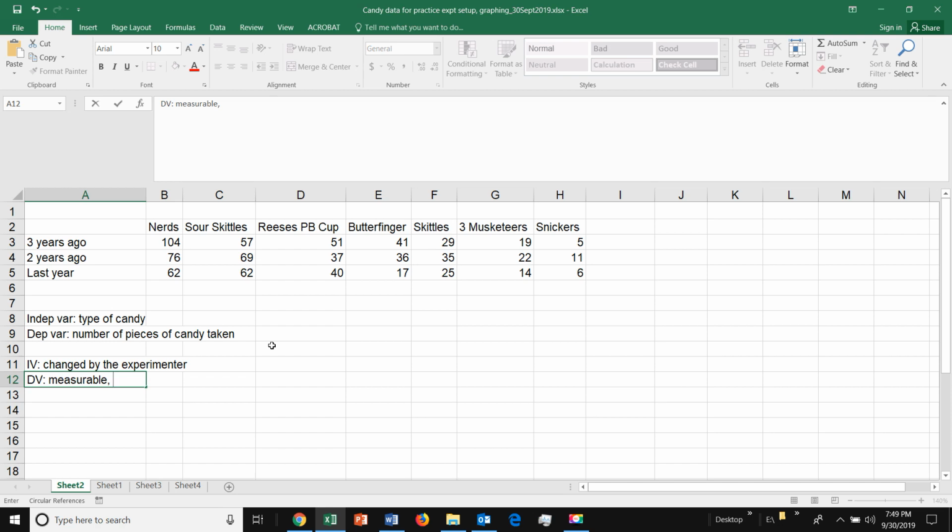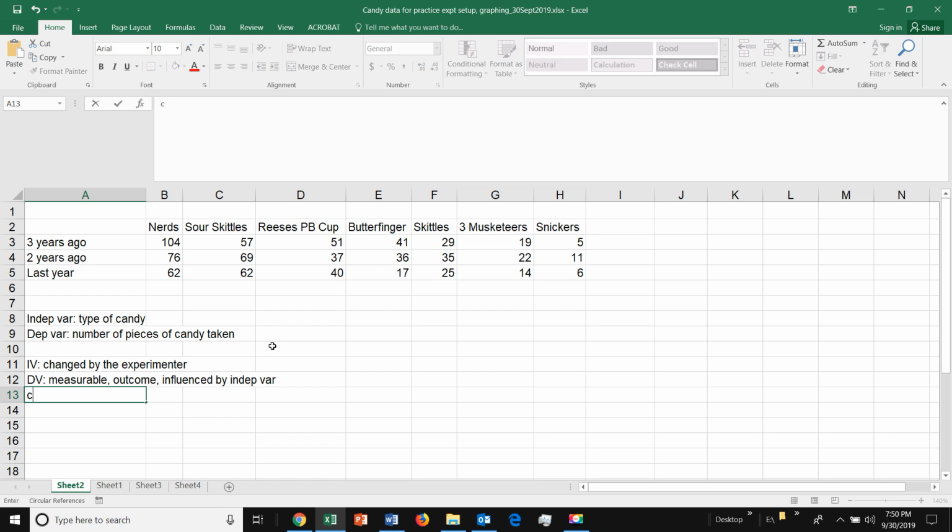Like in this case, it's categories, like types of candy. So that's technically not measurable, but it could be measurable. Anyway, so the dependent variable is measurable and is the outcome variable. You could also say that it is influenced by the independent variable if you are allowed to use independent variable on the test, which you are not.